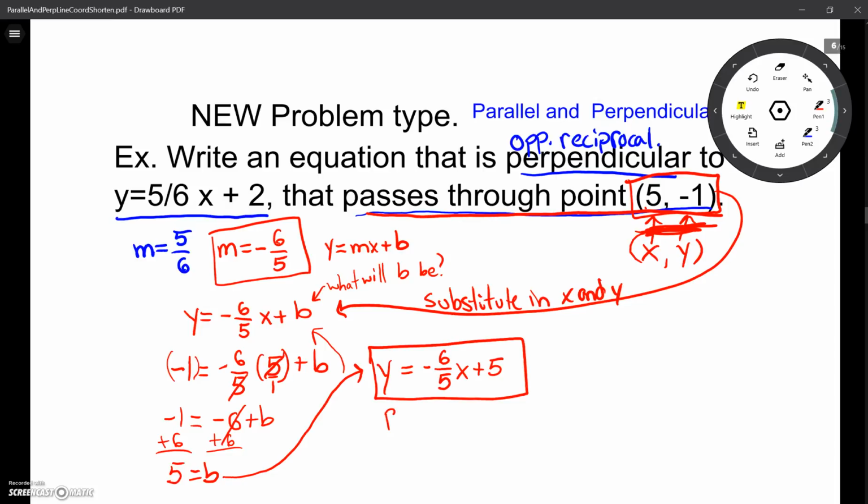This line is perpendicular to the original, and passes through (5, -1). So that's what I've just shown.